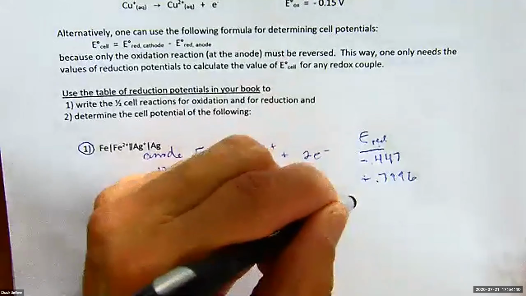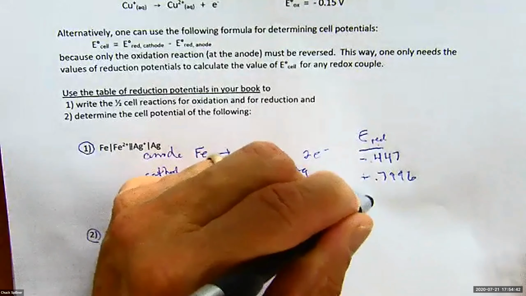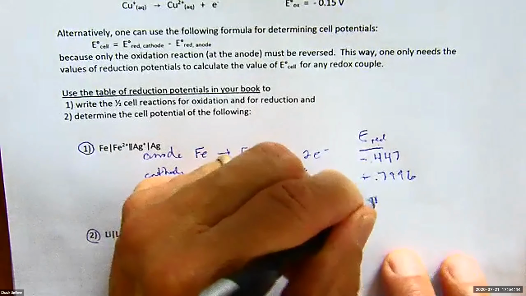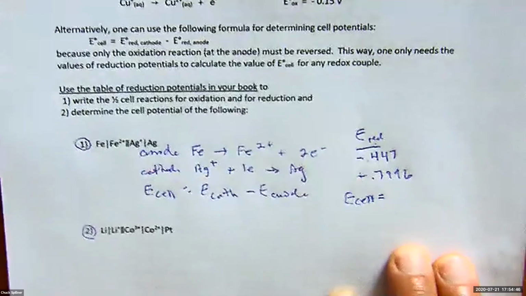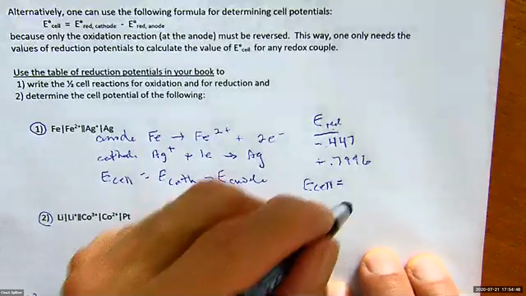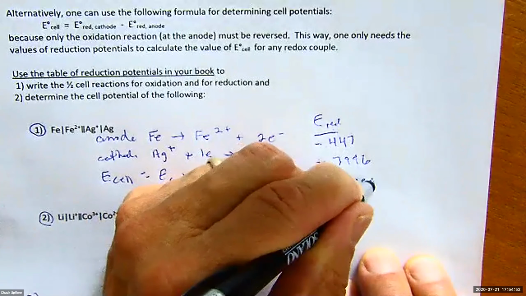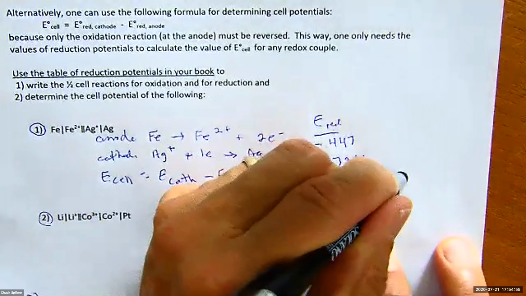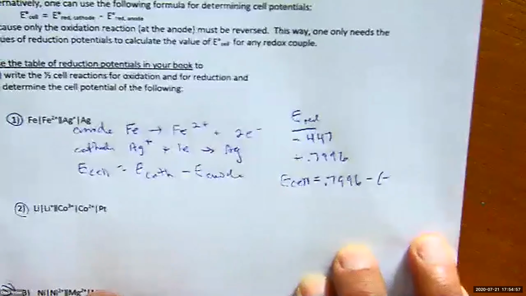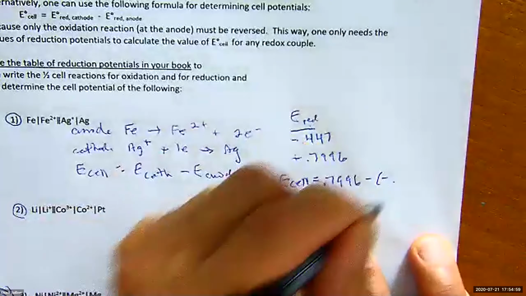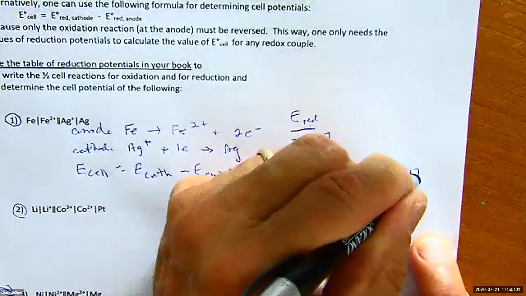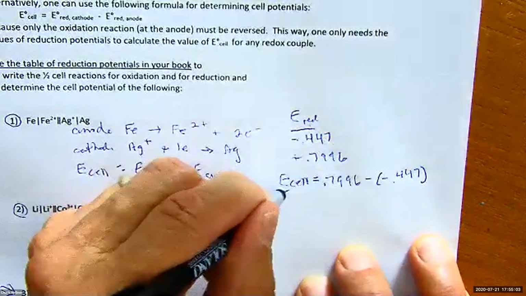So our E cell is equal to 0.7996 minus a minus 0.447. Remember, these are all in volts.